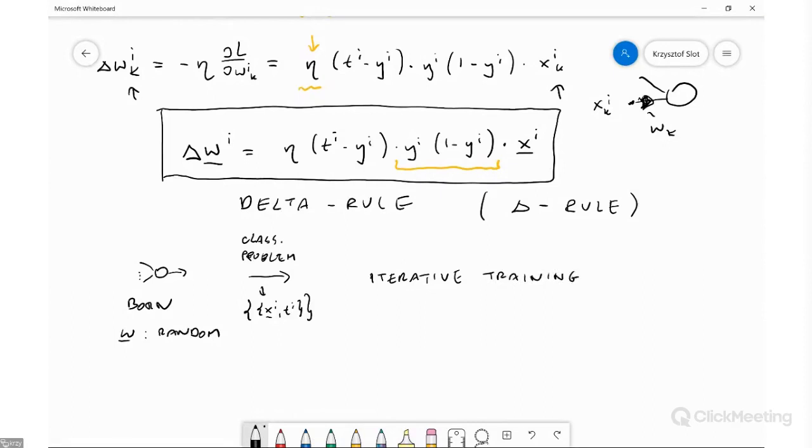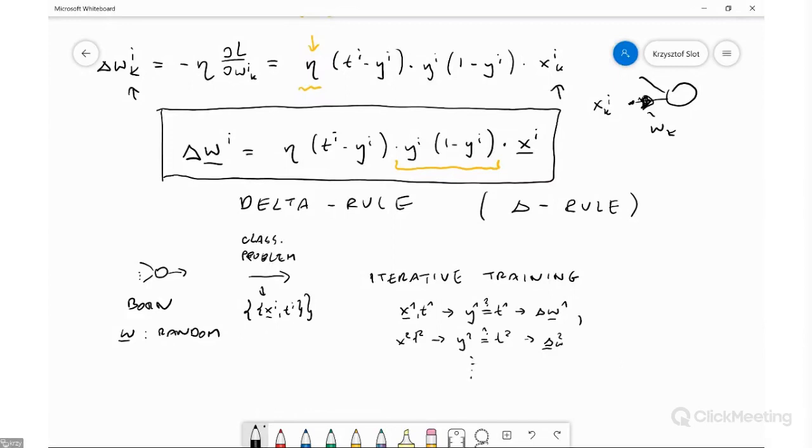And this iterative training procedure will be a procedure where I will be applying samples to this neuron. First sample I will apply to a neuron, and I will confront this with a target, and I will make an update, and so forth. And then I present the second sample. I will compute the output. I will try to see how it works. If it doesn't work correctly, I will make the second update, and so forth.